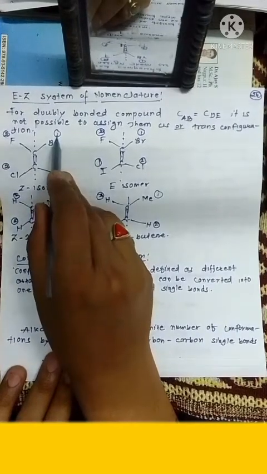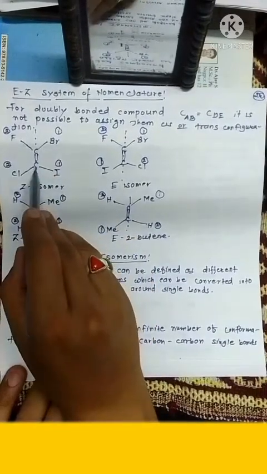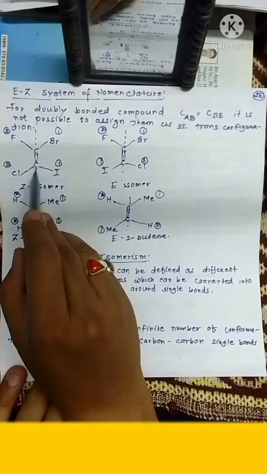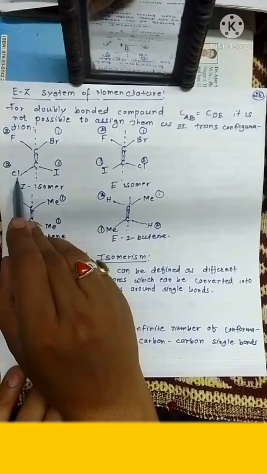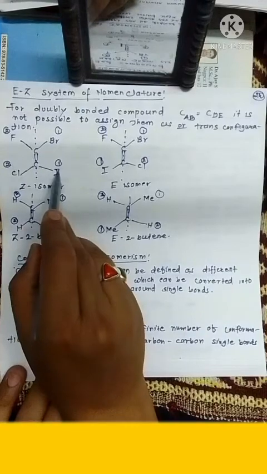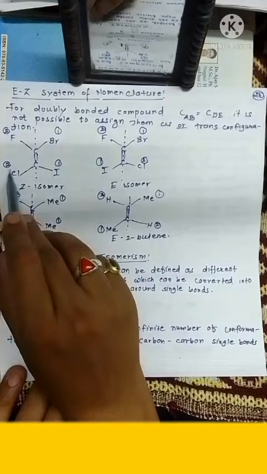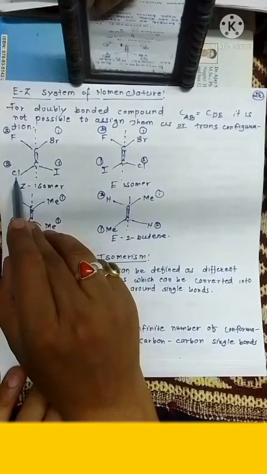That's why bromine gets first priority, fluorine gets second priority. In the next step, we have to see the other carbon atom. This carbon is attached to iodine and chlorine. So in this case, first priority is given to iodine and second priority obviously goes to chlorine, because iodine has higher atomic number as compared to chlorine.